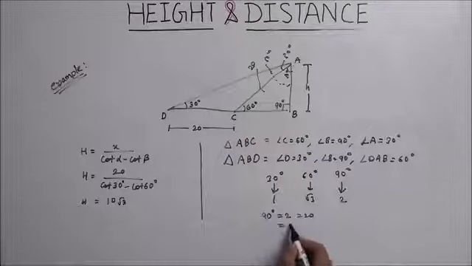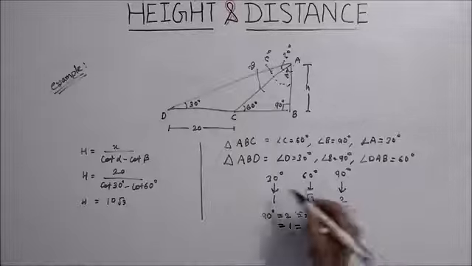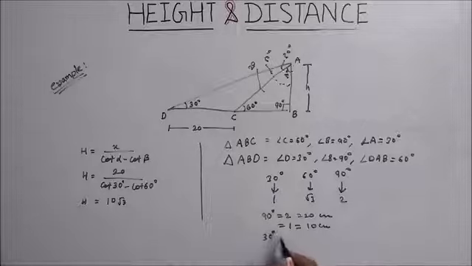So we get 1 is equal to 10. Let's suppose that the unit is centimeter. The value of 30 degree is 1, so 1 is equal to 10 centimeter. For the 60 degree angle, it's root 3. When one part is equal to 10 centimeter, 60 is equal to 10 root 3 centimeter.